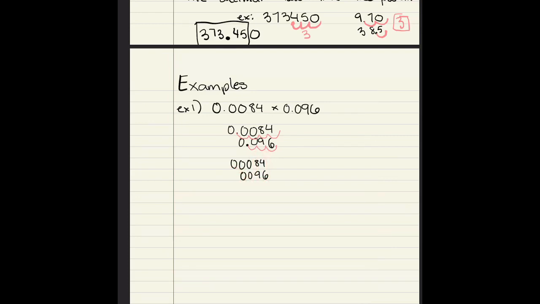So they're not going to be adding anything. So I'm just going to take these out and multiply 84 times 96. Now I'm just going to go through and multiply 84 by 96.